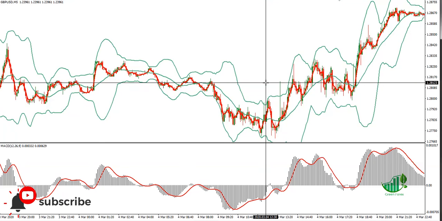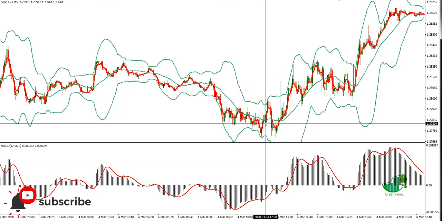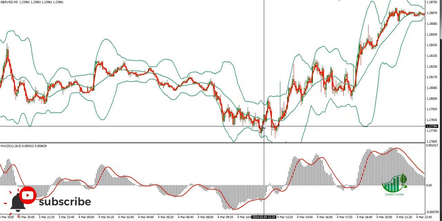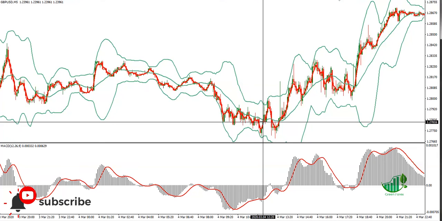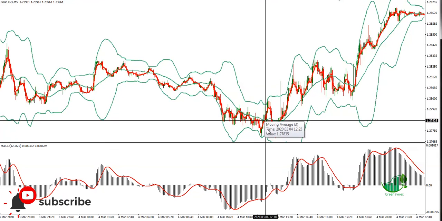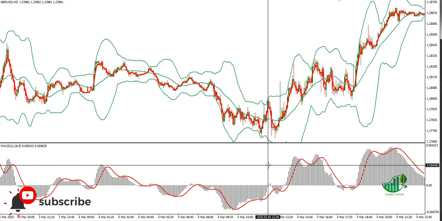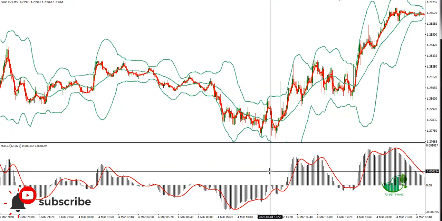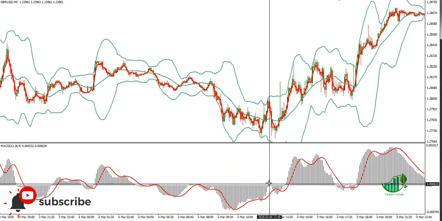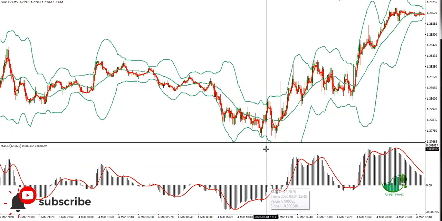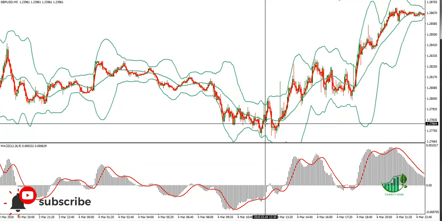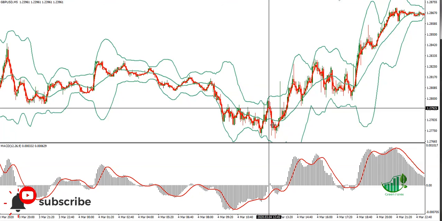Now if we talk about this one, the market crosses the middle line over here, but the MACD is not working. MACD created only one or two histogram bars, so this is not an indication to take a buy entry. The market moved ahead and came back.